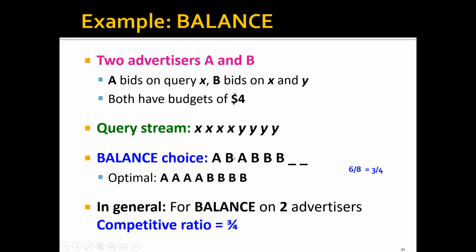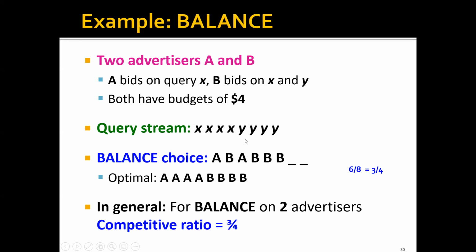Therefore, in the second query, the algorithm will assign this query X to advertiser B instead, since it has more unspent budget. And similarly for the third and the fourth query, so the first 4 queries, they will be assigned to A and B alternately.